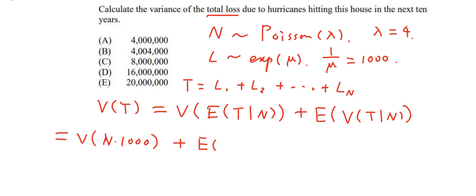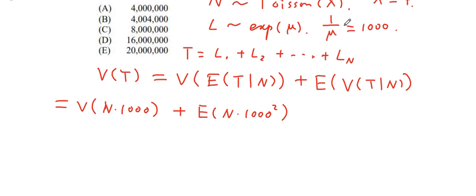So values is just N times, just add the values up. So this values is 1 over mu square, right? So that's equal to 1,000 square actually, right? So this is the values.